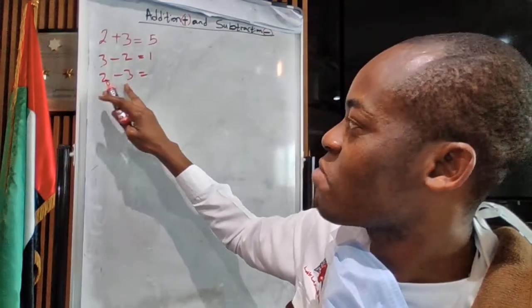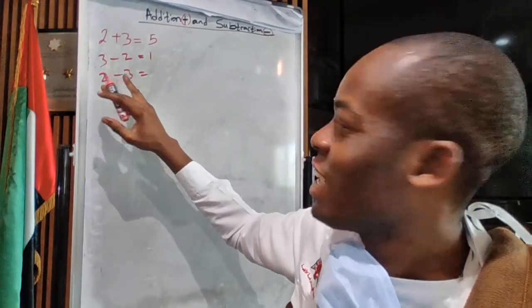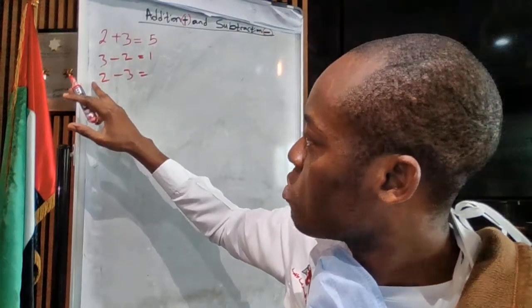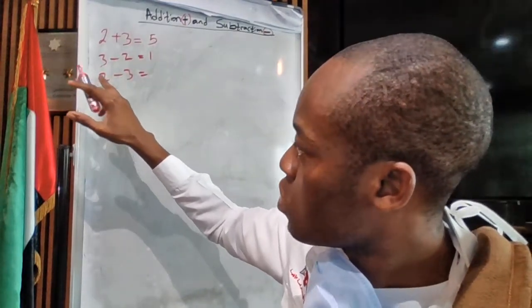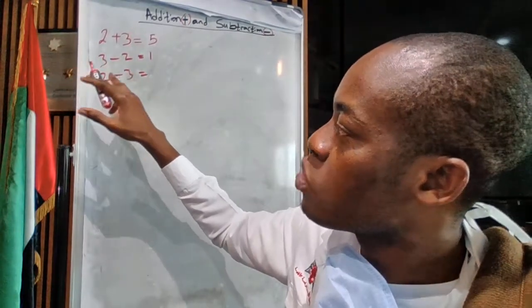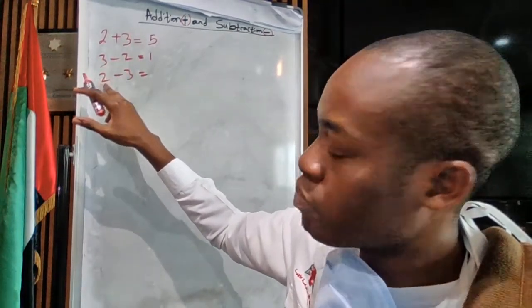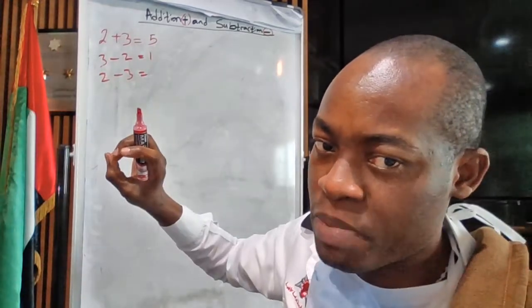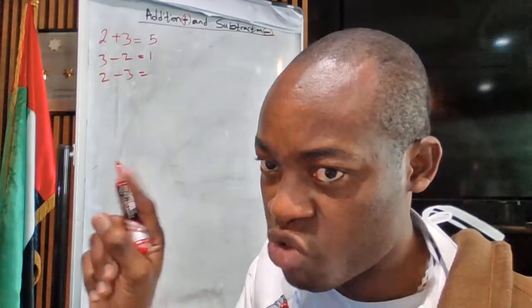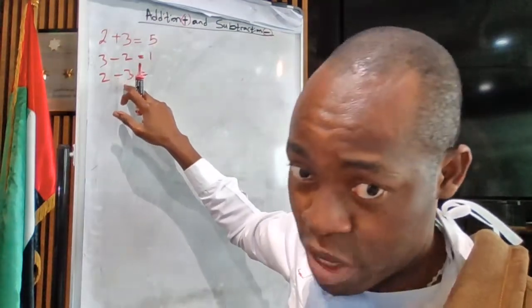Now look at this: 2 minus 3. This is minus 3. This is plus 2. Count 2. Take away 3. You will discover that when you take away 3 from 2, it will look complicated. You will discover that there is something remaining from what you are taking away.